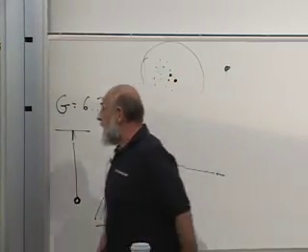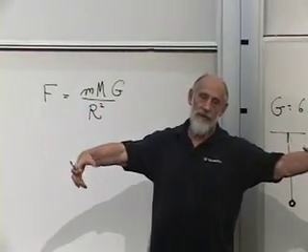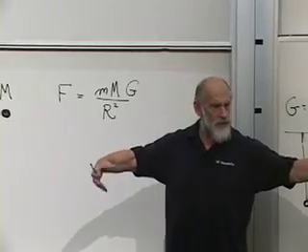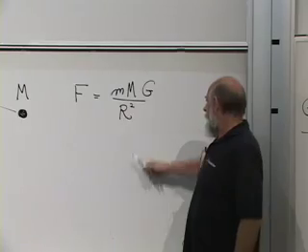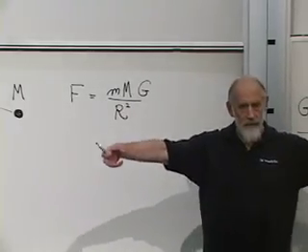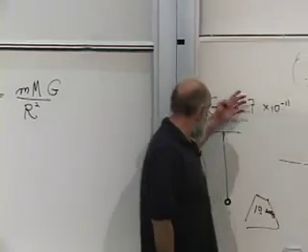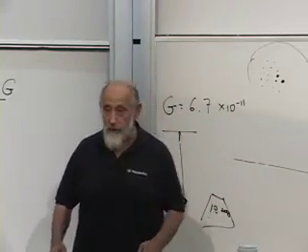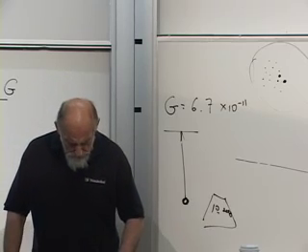Another way to say it is, if you take two masses, each of 1 kilogram, a good healthy mass, a nice chunk of iron, and you separate them by 1 meter, then the force between them is just G, 6.7 times 10 to the minus 11th, the units being newtons. So it's a very, very weak force.